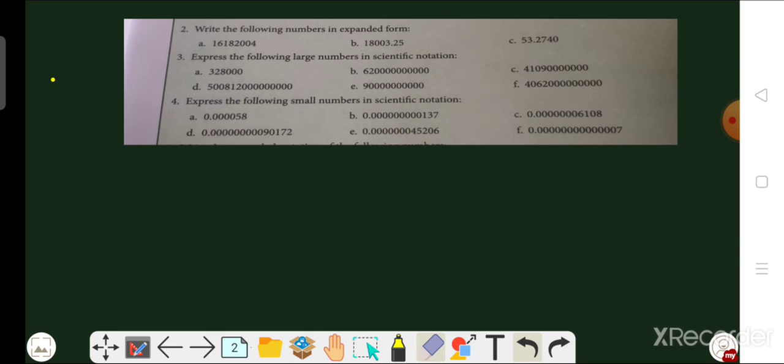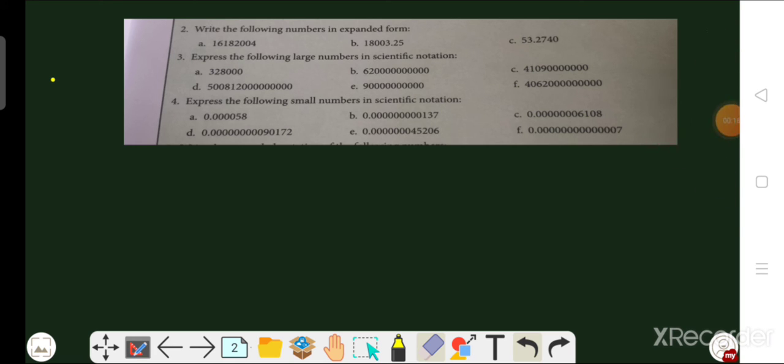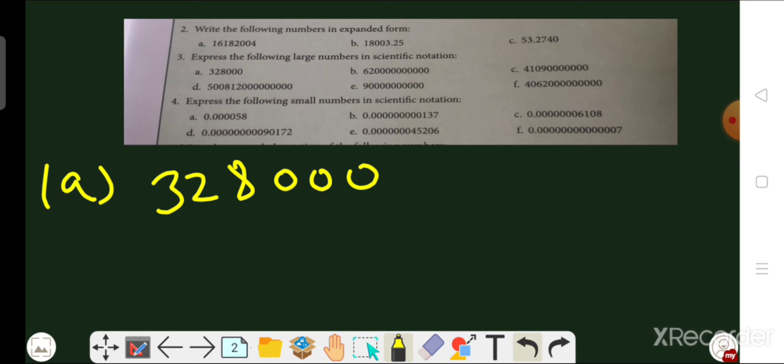So the third question is: express the following larger numbers into scientific notation. Now we have to represent the given numbers into scientific notation beta. How can we represent the number into scientific notation? Look at here. A part, 328000. Okay, this is the number.